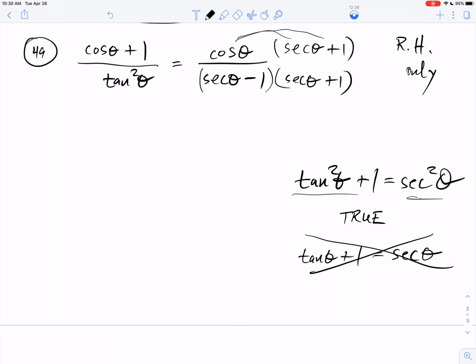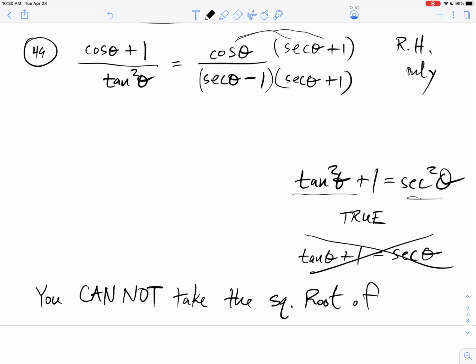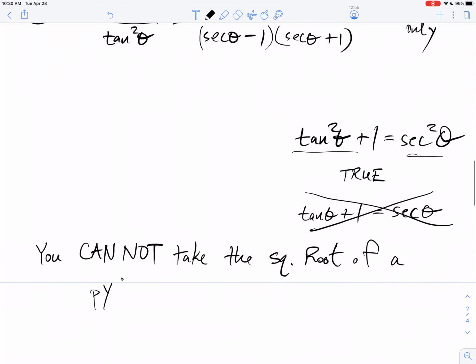You cannot take the square root of a Pythagorean identity.